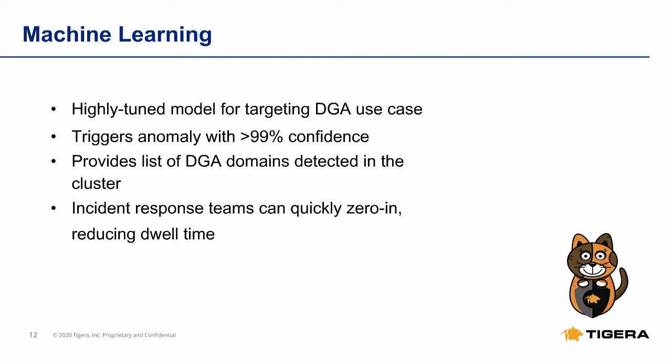The goal was to trigger an anomaly with such a high confidence that once you have that particular anomaly triggered, you can consider your cluster compromised. We were able to trigger anomalies with north of 99% confidence. With this, we provide a list of DGA domains detected in the cluster so that incident response teams can quickly zero in on the compromised workload and reduce dwell time.